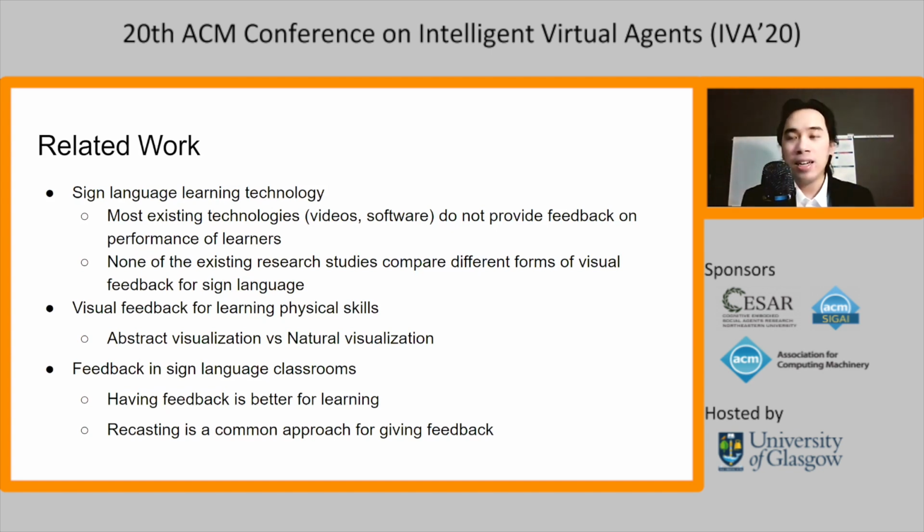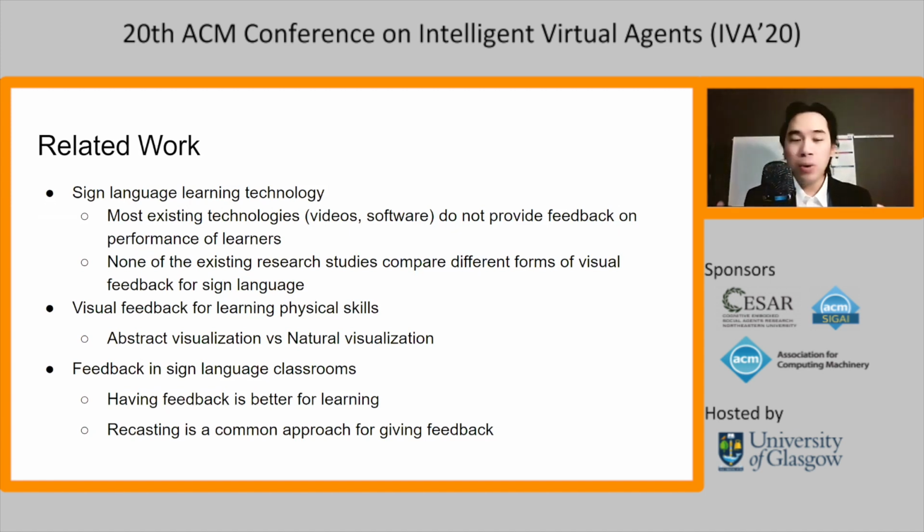Abstract visualization utilizes different shapes and different colors to convey feedback information. On the other hand, natural visualization utilizes a 3D model, a 3D avatar of the instructor, mimicking the actual real life setting with the instructor providing the feedback.